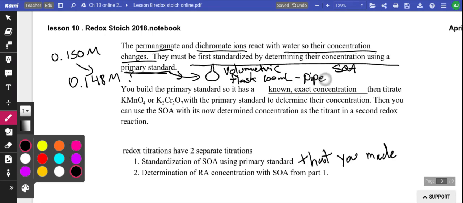And then you can pipette 10 mil samples from that, and that was your first part of the titration. So that's what you're doing with these redox. You're making a primary standard of an exact known concentration, and then you're titrating it with your acidified potassium permanganate or acidified dichromate to figure out its concentration. So that's like step 1 or part 1.